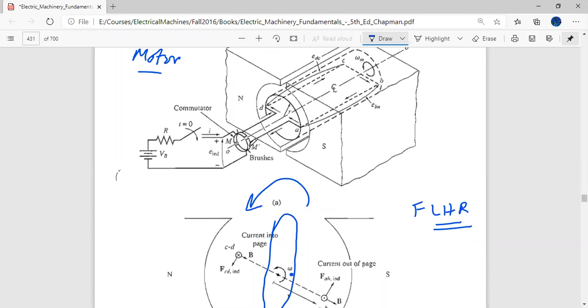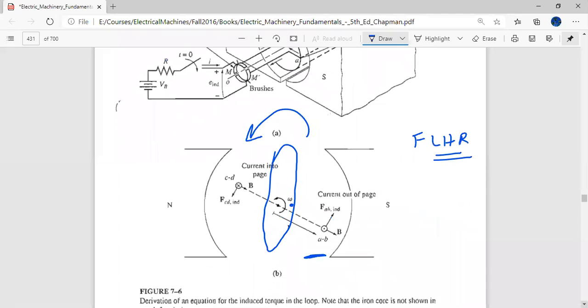For example, this side needs to have a current reversal, so when it switches to this side, it will get a current reversal and the torque will be unidirectional. If you hadn't done so, the machine would just become oscillating, because it would not be getting a unidirectional torque. After every half cycle, the direction of the force would not be reversed. So you have to switch the direction of the current after every half cycle, and you do this again with the help of a commutator.